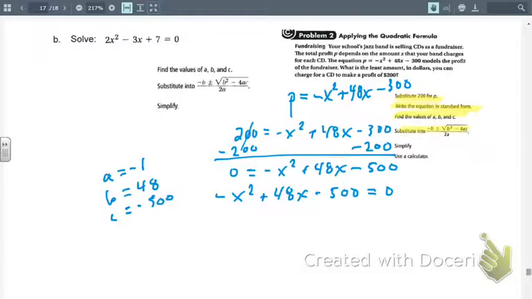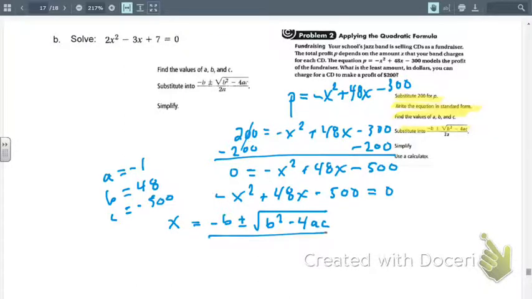Now we're going to write down the quadratic formula and substitute. So x equals negative b plus or minus the square root of b squared minus 4ac all over 2a.